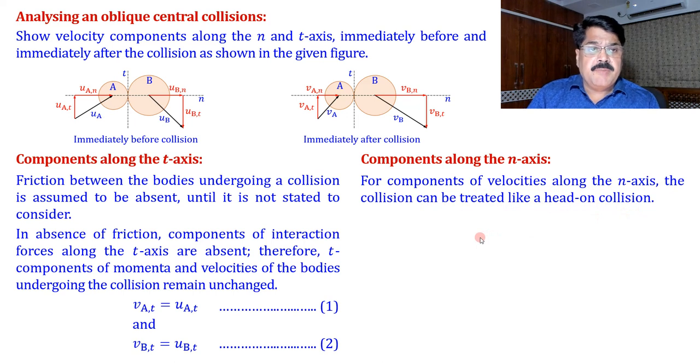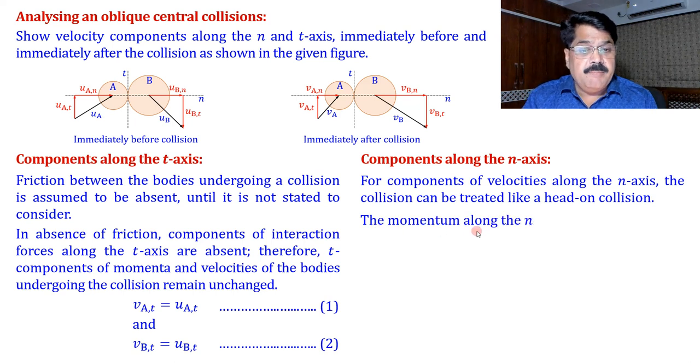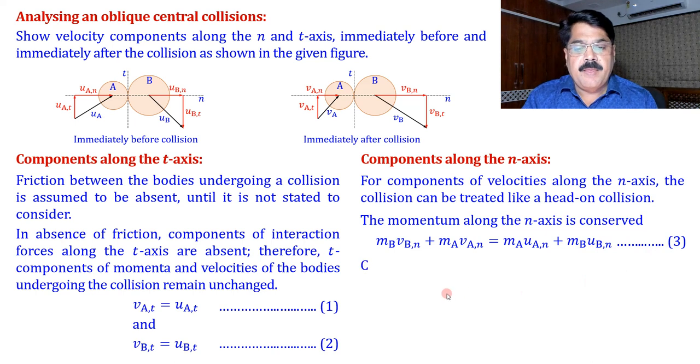One is the conservation of momentum equation and the other is the idea of coefficient of restitution. So the momentum along the n-axis is conserved. What can we write about it? MB VB n component plus MA VA n component is equal to MA UA n component plus MB UB n component. Let us call this equation number 3.